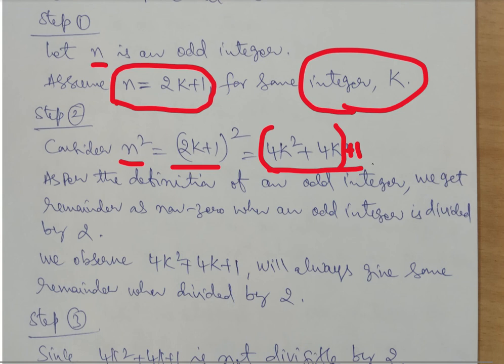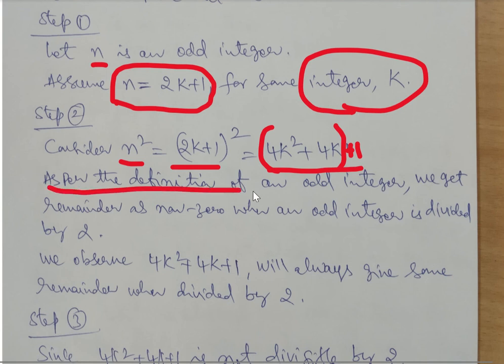The remainder is always 0 for a valid even number, whereas an odd number will give something beyond 0, a non-zero remainder, that may be 1 or some other number. So if that is the case, I can conclude that whatever n square we got, that is 4k square plus 4k plus 1, is going to be an odd number always.